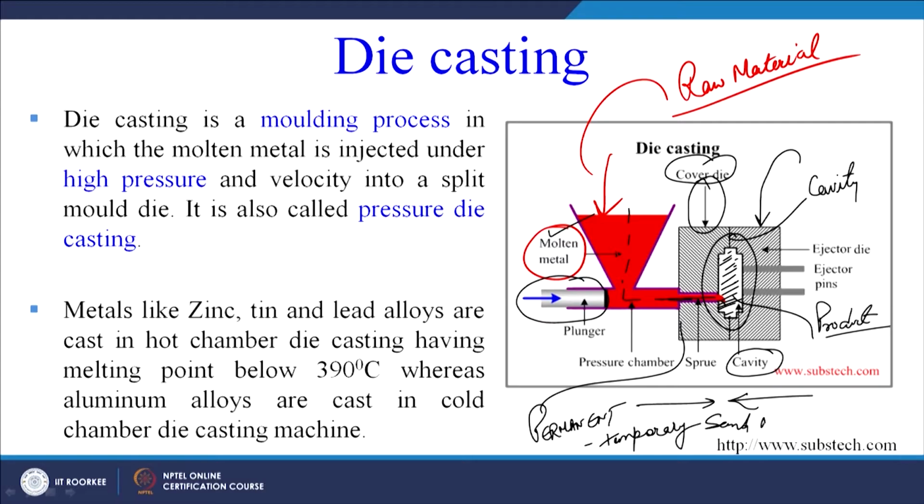So we used a temporary sand mold in case of sand casting, but here we are using a permanent mold. So casting can be divided into two categories: sand expendable mold or sand casting, and the permanent mold or die casting process.